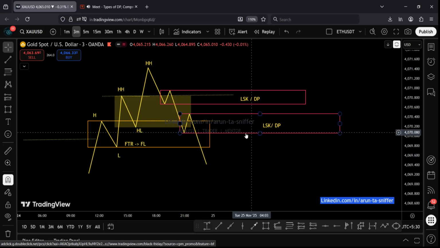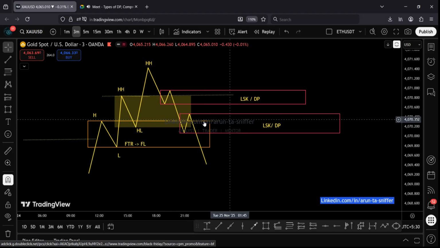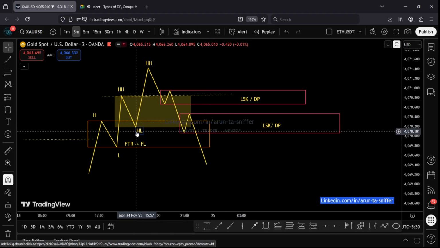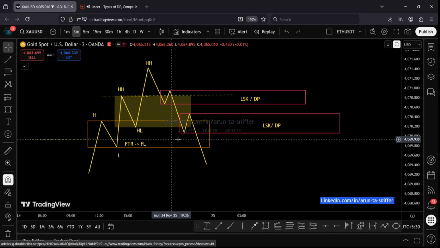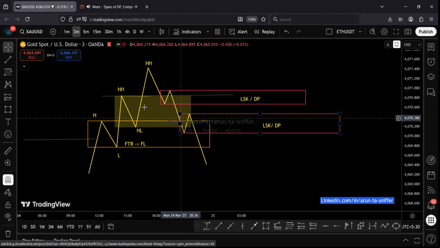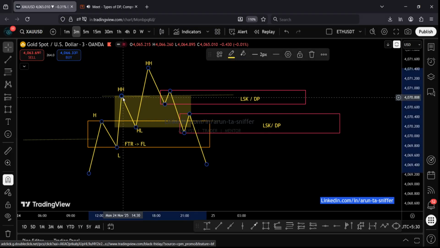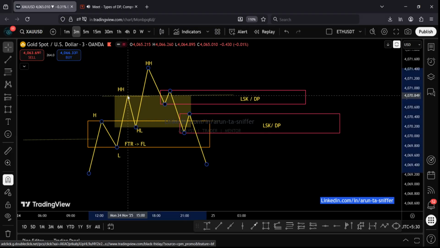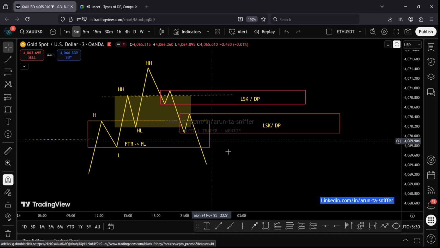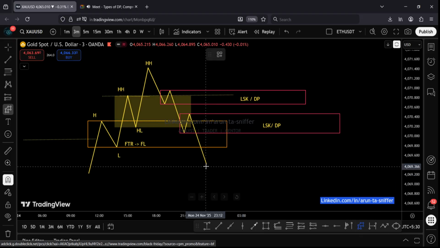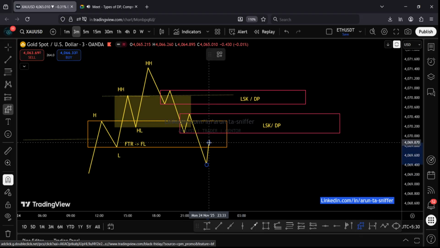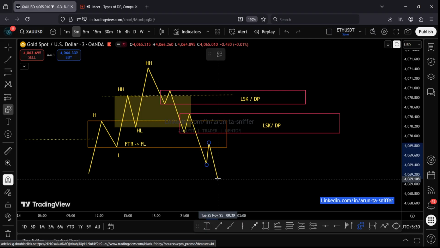And if we look closely, this DP, which is the DP of FL, is working as RS for this flag, right? And this one's RS is like this.